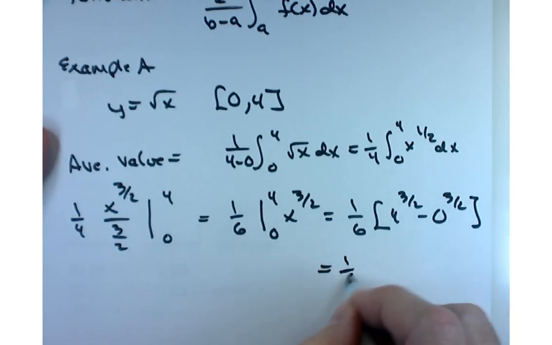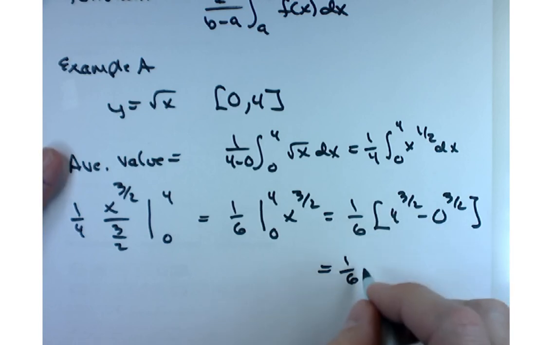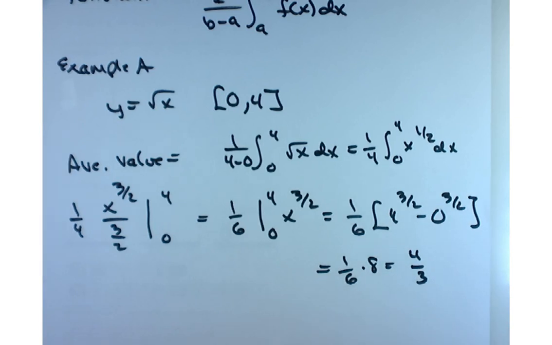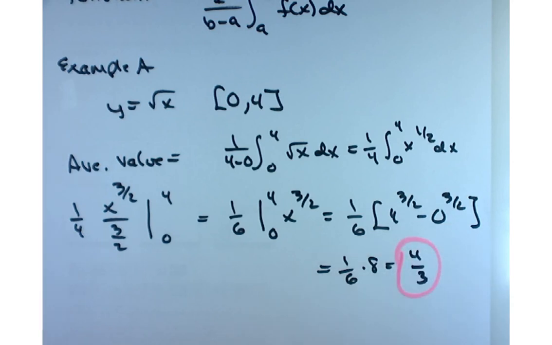And that's going to be 1/6 times 4 to the 3/2, which is 8. 8 over 6 reduces to 4/3. So, yay, not so bad. Like I said, more or less just an excuse to have you integrate. So, nice. Kind of a friendly one to start with.